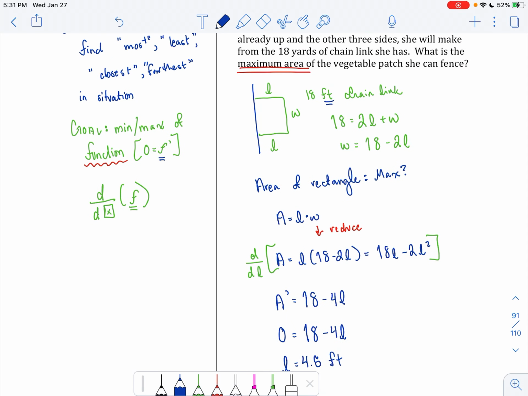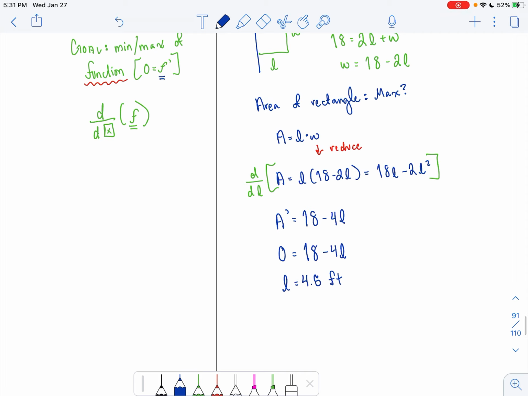Now, since it asks for the maximum area, the question was, what is the area that maximizes this? So it's great that we found that this length maximizes it. So the maximum area, as we saw before, is 18L minus 2L squared.